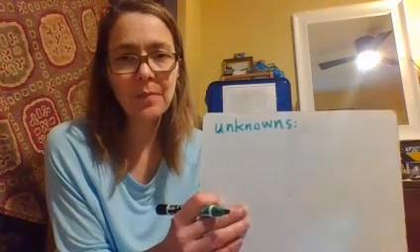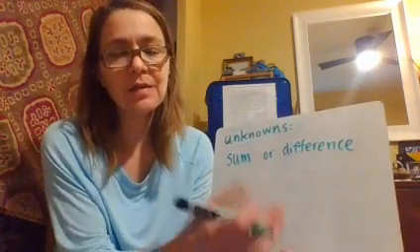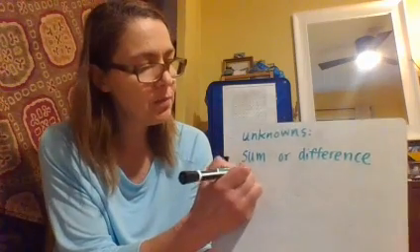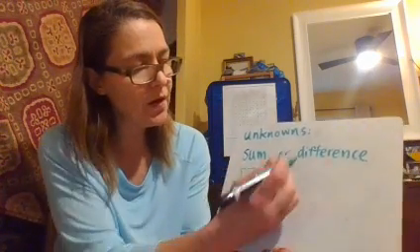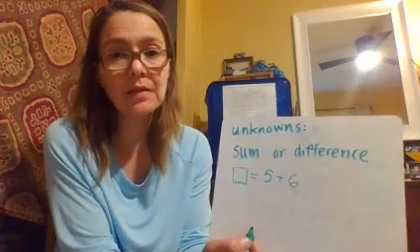Okay, and we know a lot about unknowns already. There's 3 places they can be. They can be the sum or the difference, and that's when it is going to be at the end of the equation or at the beginning, depending on how it looks, but it's going to be on the other side of the equal sign.